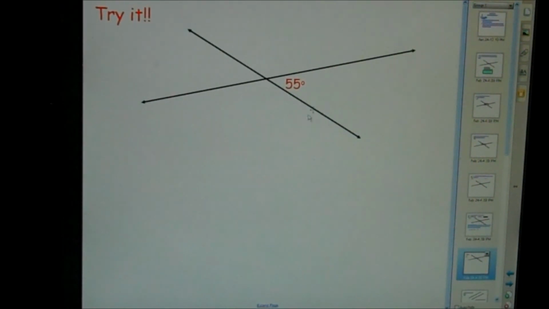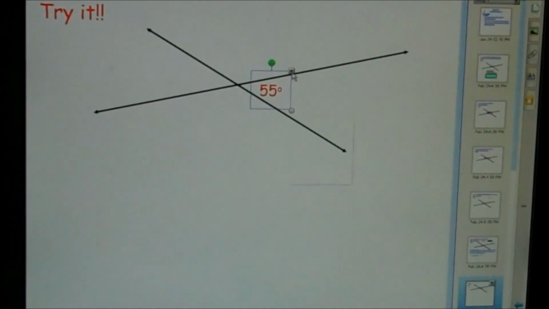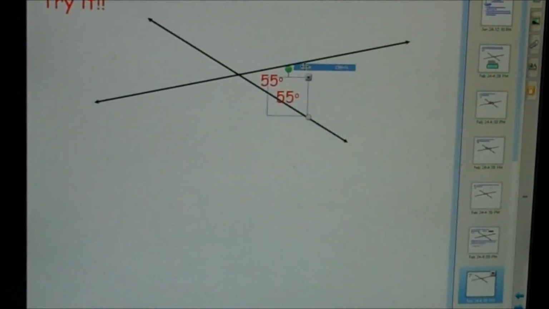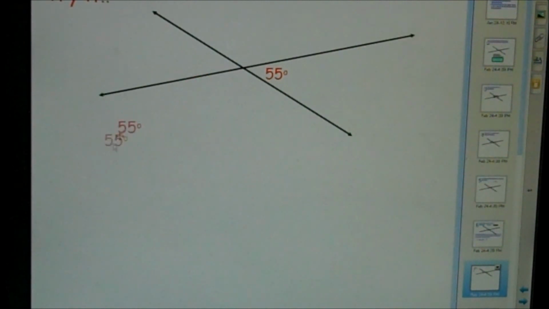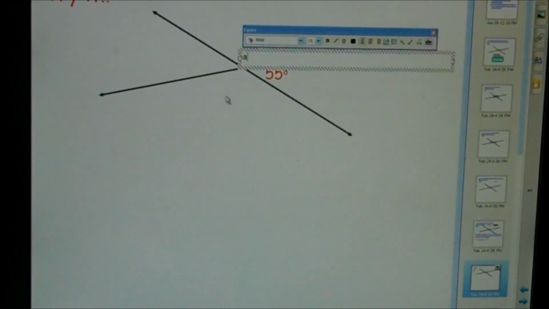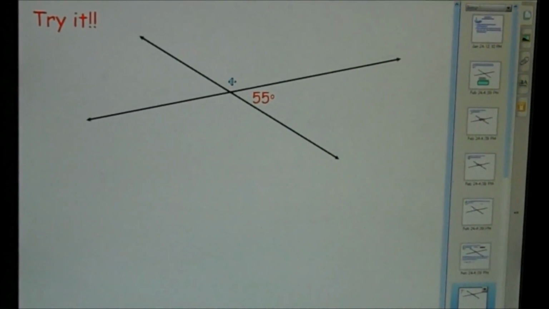Okay, so we have this angle right here, and it's 55 degrees. If I were to ask you for the vertical angle measure, what would you say? I hope you said it was also 55 degrees because our vertical angles are alike. They're equal. They're congruent. So those two are congruent. What if I were to say the measure of this angle right here is, and we'll call it angle A, and I know that this one is 55 degrees, what would this one be?